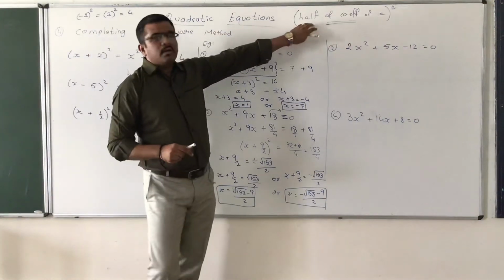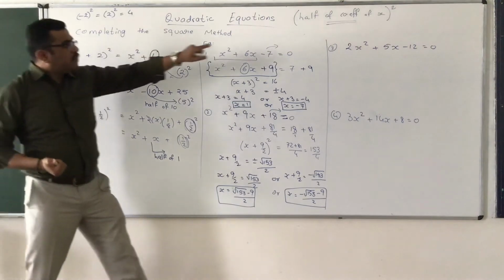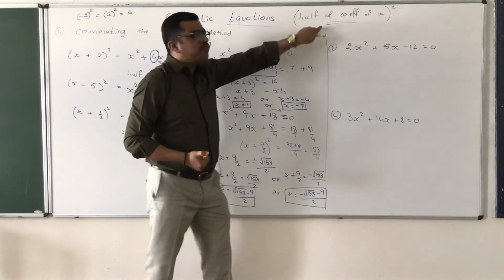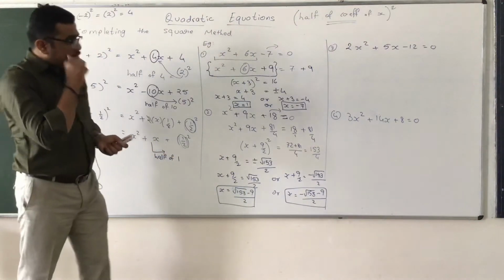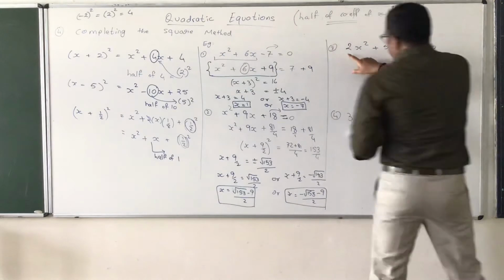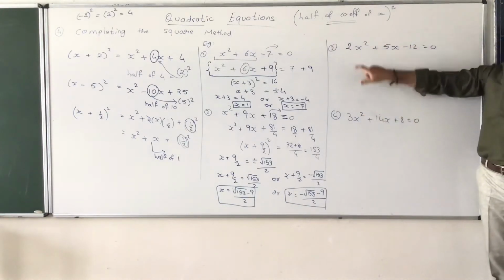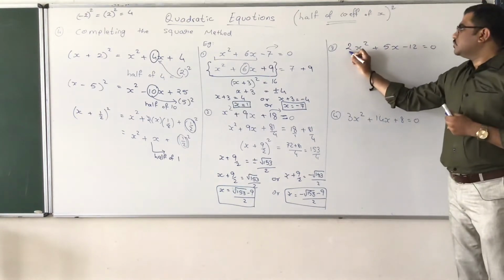To make a complete square, we need to add a number which is the square of half of the coefficient of x. We see a few more examples where we have a coefficient of x squared. In these two examples, the method remains the same except for the first step. In the first step, you have to make this coefficient 1.